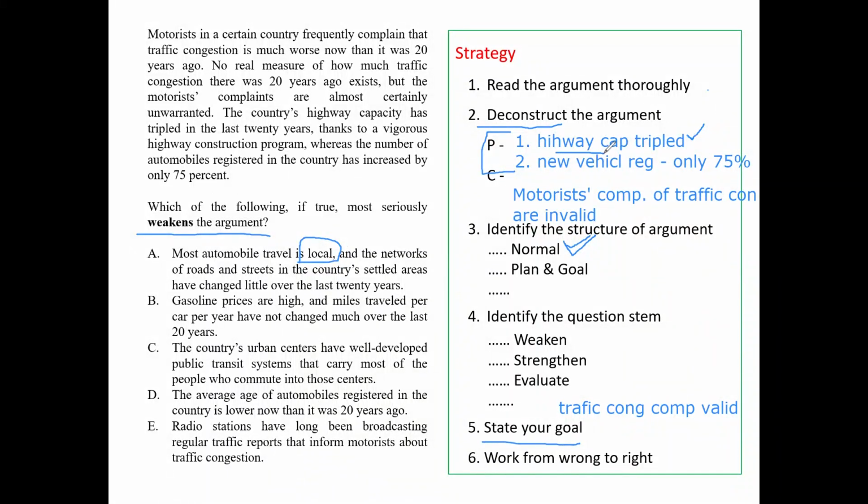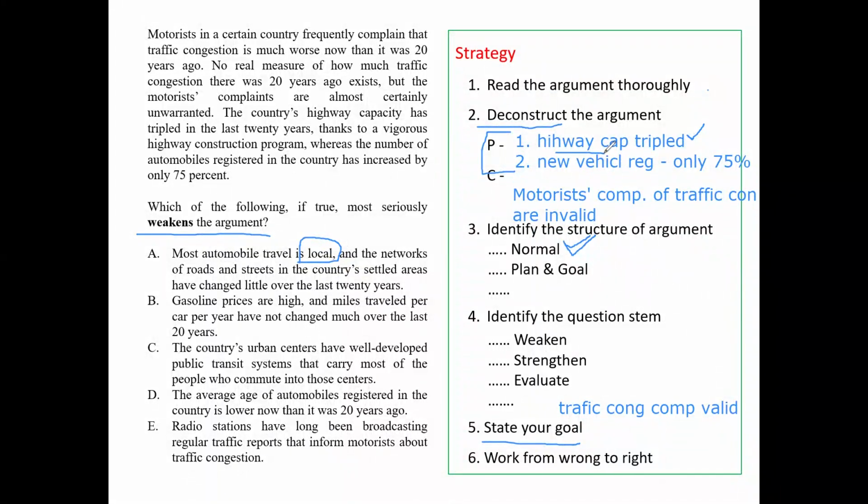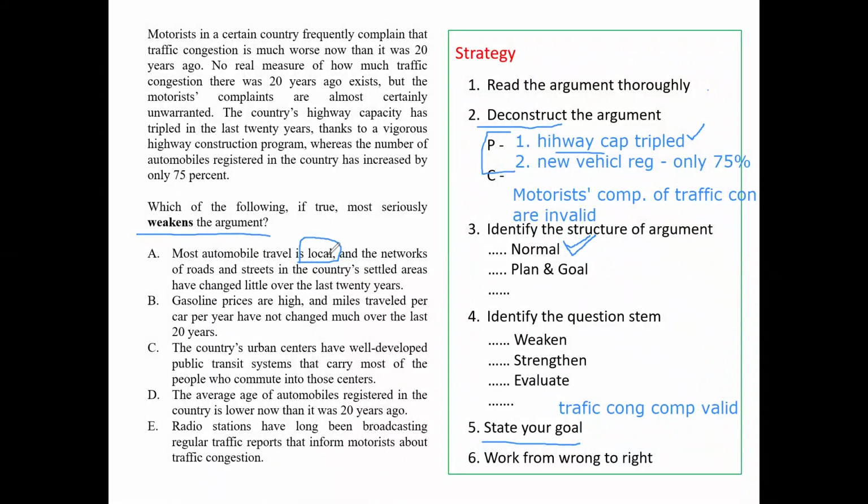If travel is mostly local, what is the point of improving the highways? If you improve that, it won't solve the problem. So they have tripled the highways, but most of the automobile travel is local.